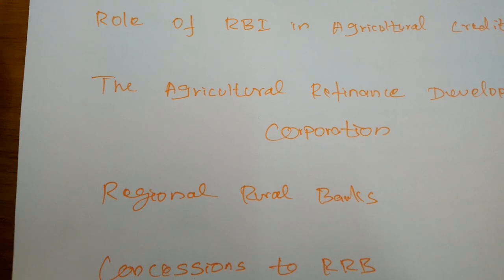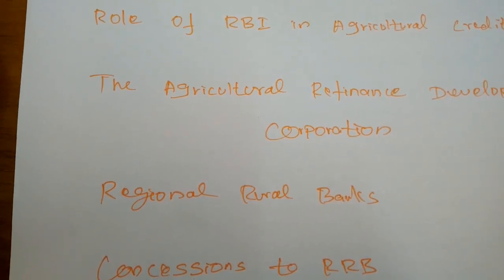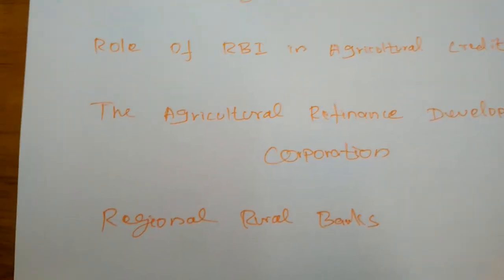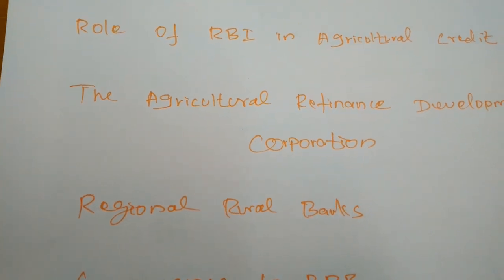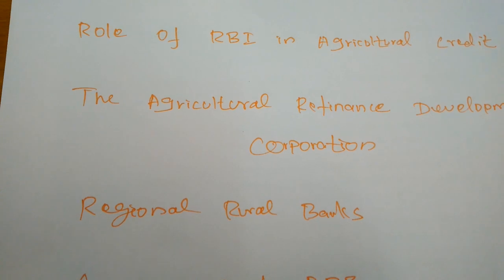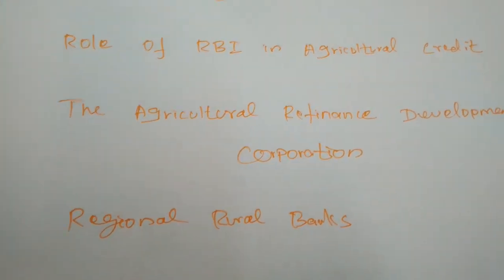Next, to provide expert advice to central banks, state governments, state cooperative banks and other banks in their activities. The Reserve Bank of India also established cooperative banks and other banking activities to provide expert advice to agriculturists.